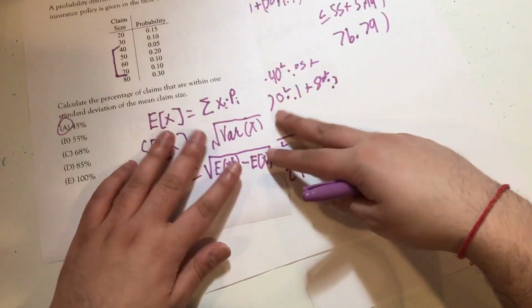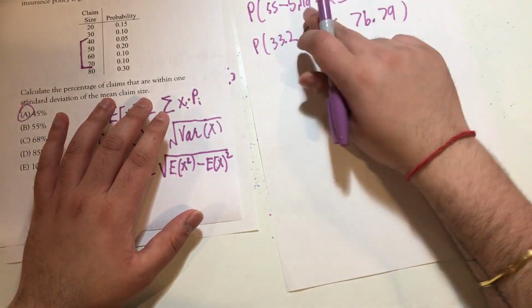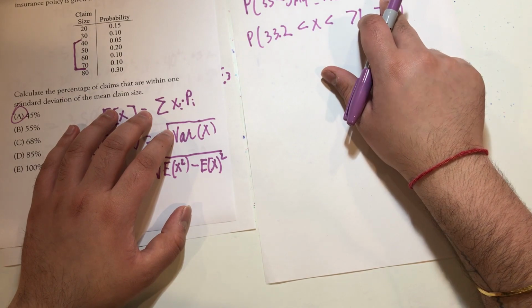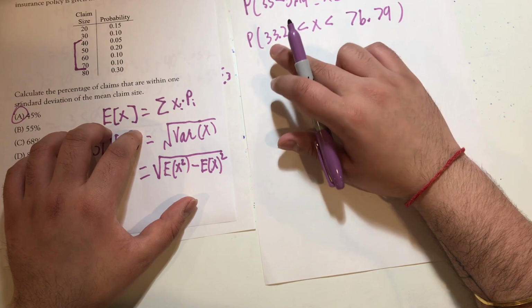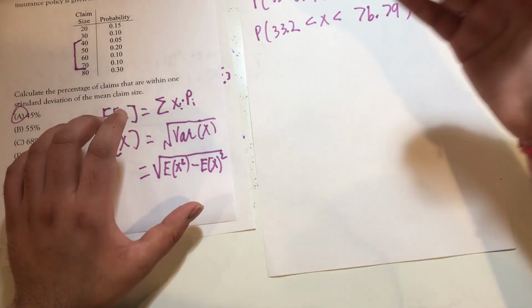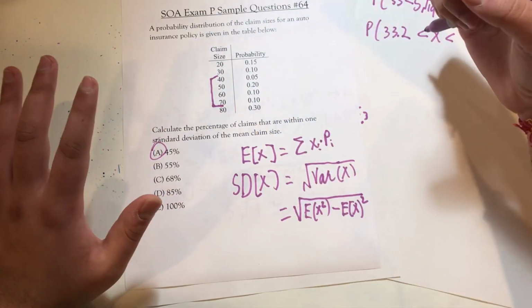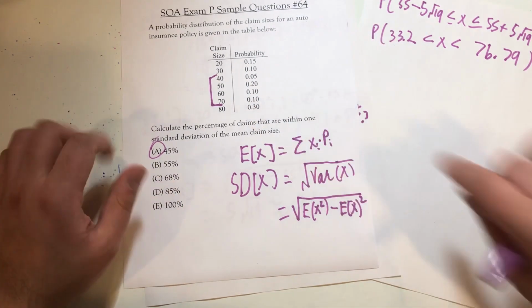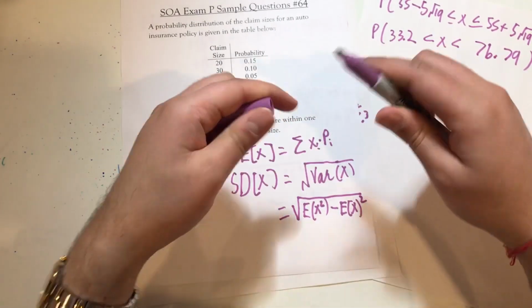Then I figured the probability of being within one standard deviation is as follows: one standard deviation below the mean is 33.2, and one standard deviation above is 76.79. My discrete values that fall in that range are listed here, so the probability of being in that range is the sum of their individual probabilities. Admittedly a bit long-winded for a simple question, but I can't help myself.